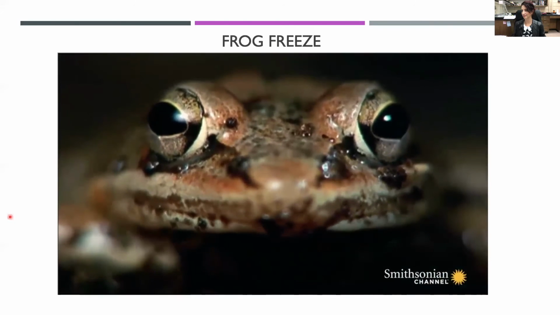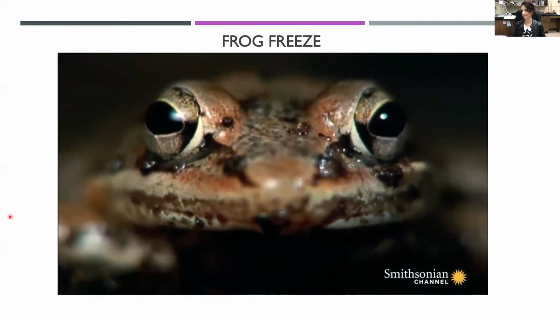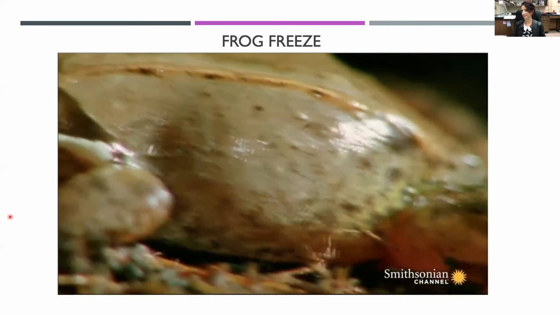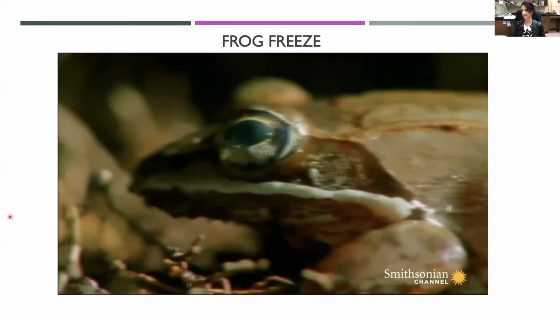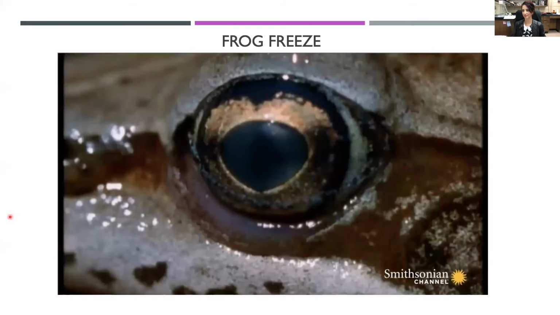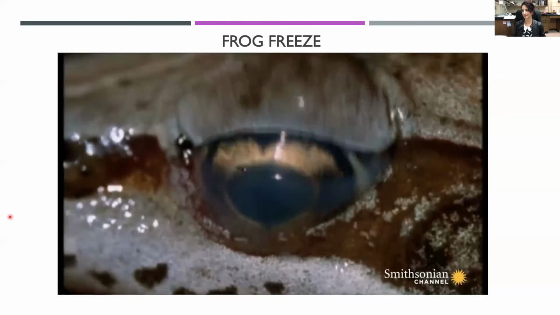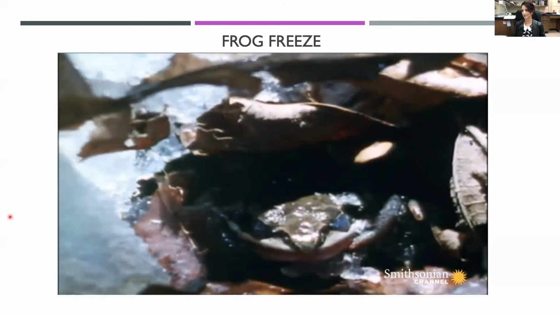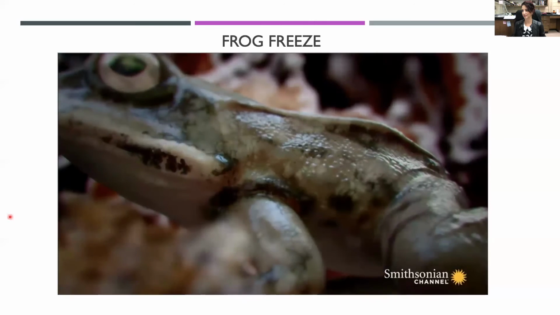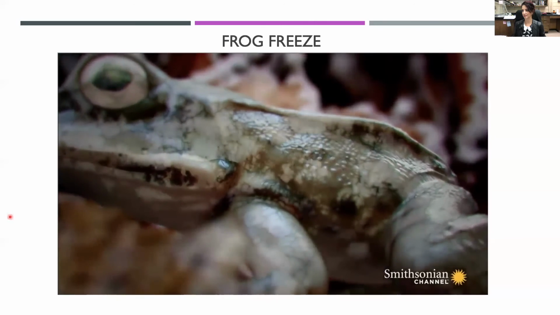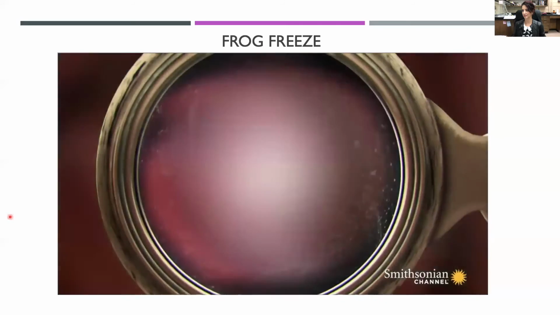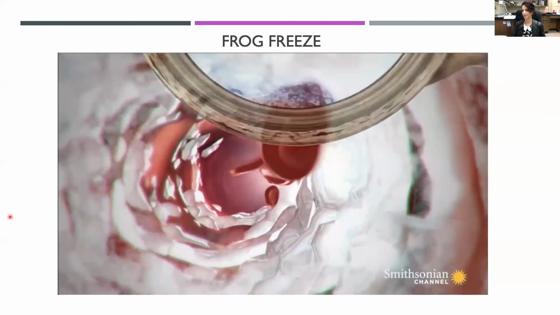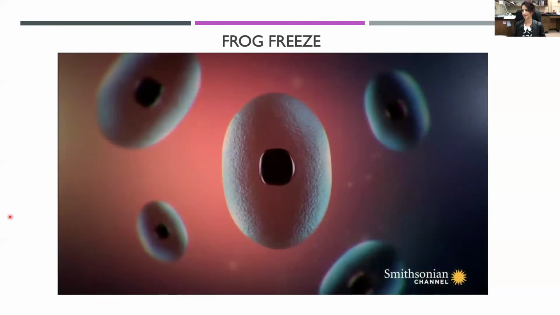But unlike us, it doesn't drain this waste. It stores it in its blood. As the first ice crystals creep over the frog's skin, an incredible transformation begins. The water in the frog's blood starts to freeze. The ice sucks the precious water out of the frog's cells.